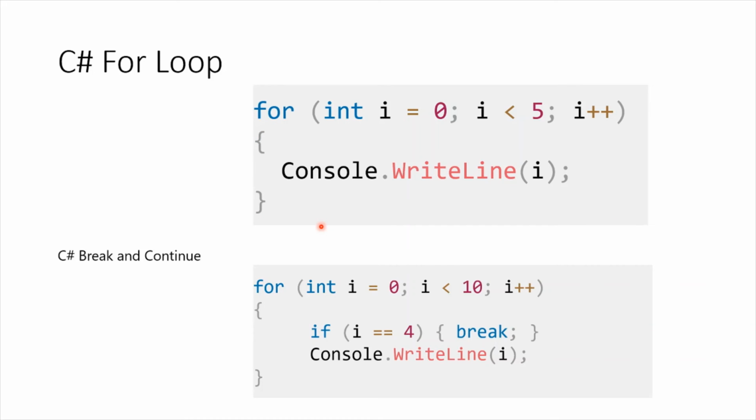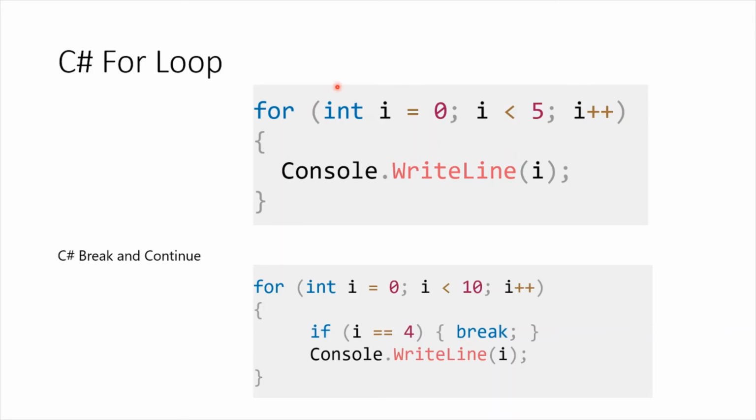So for the first time, you go through this, you say int i equals 0. That means you say, okay, I'm starting with zero, and then until the value of i is less than 5, and then every time the loop finishes, you increment the value of i with i++, the plus plus operator, which we just talked about previously in this video.